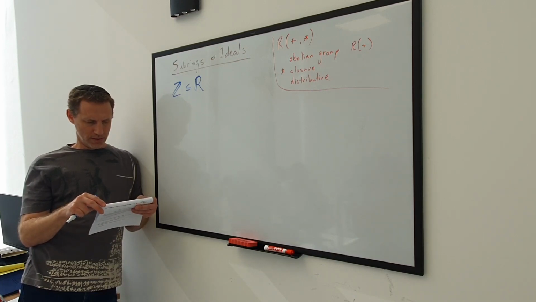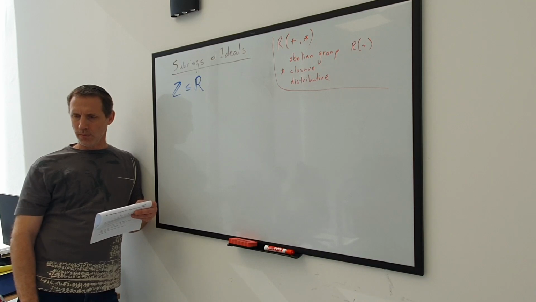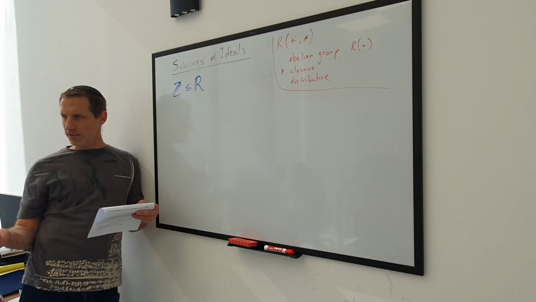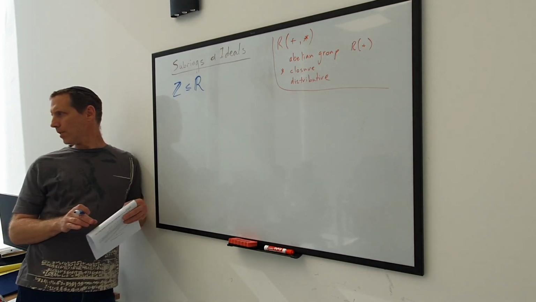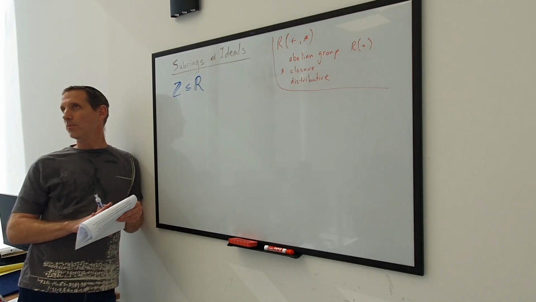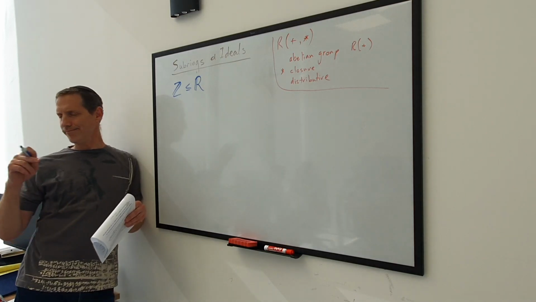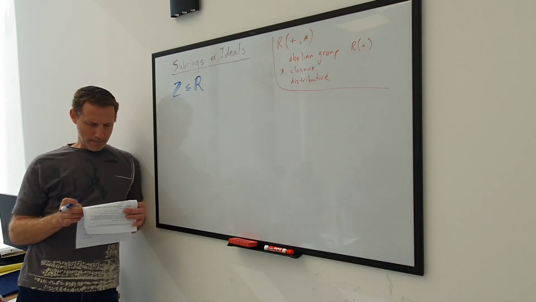It's closed under addition and multiplication, and it's got the additive inverses. It's what we call an integral domain, because it doesn't have zero divisors, right?